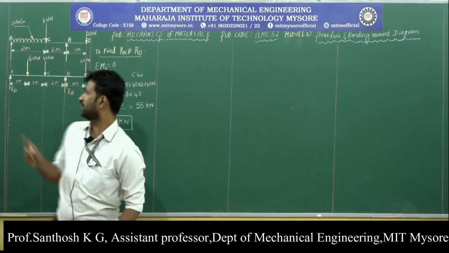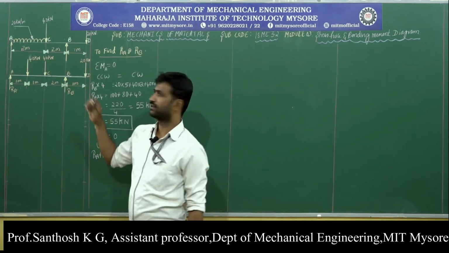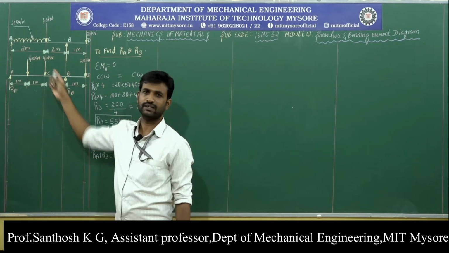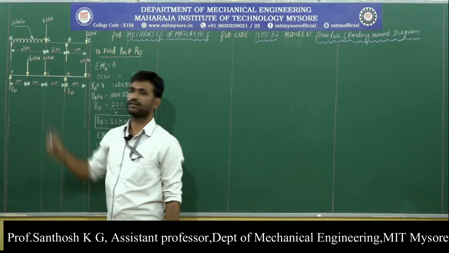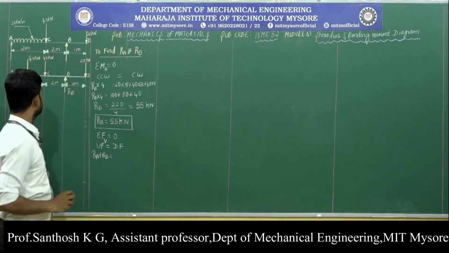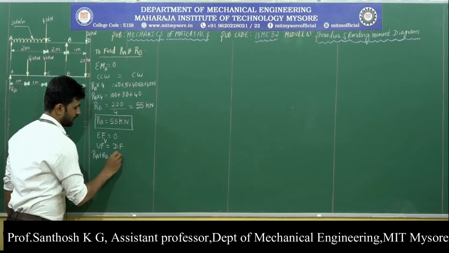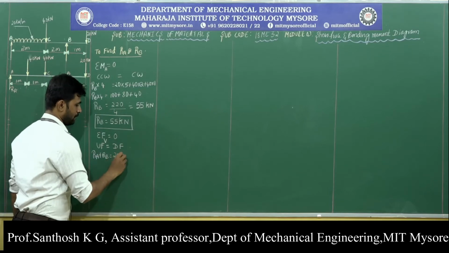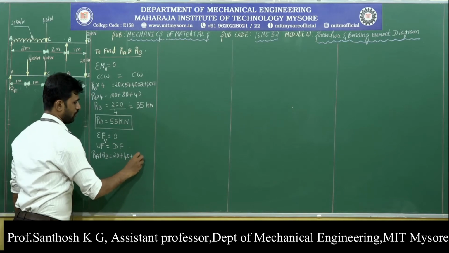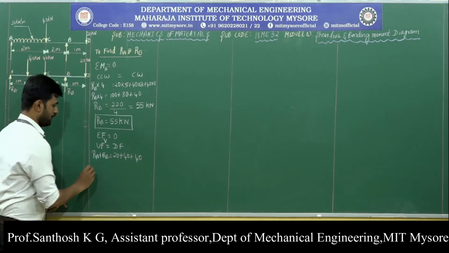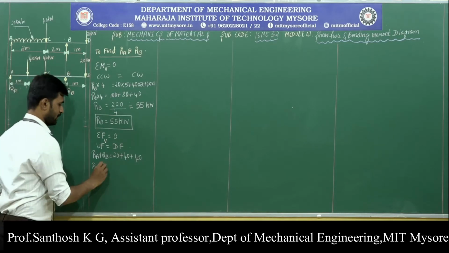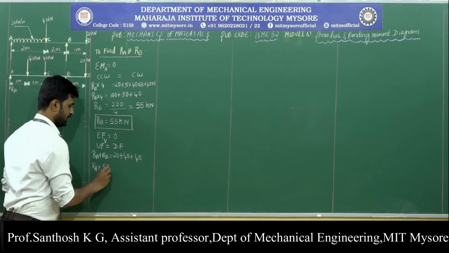Now if you see the downward forces, we have three downward forces: 20 kilonewton, 40 kilonewton and 40 kilonewton. So on the downward side, the forces we have are 20 plus 40 plus 40. The value of RA we need to find, and the value of RB is 55.